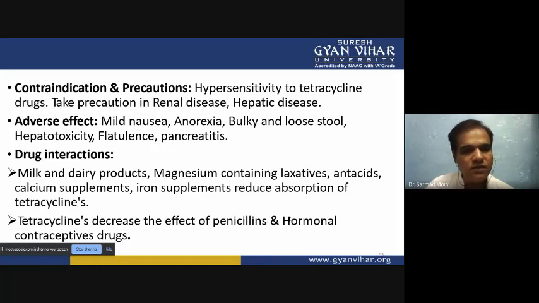We have to avoid these while taking tetracycline. Also, when tetracycline is combined with penicillin, it decreases the effectiveness of penicillin, and it also decreases the effectiveness of hormonal contraceptive drugs.